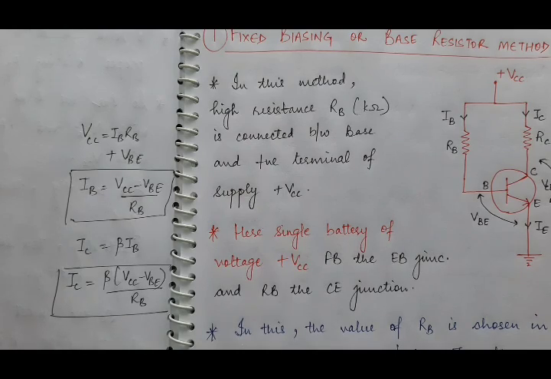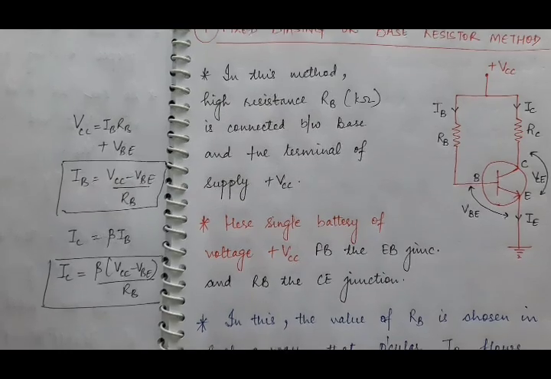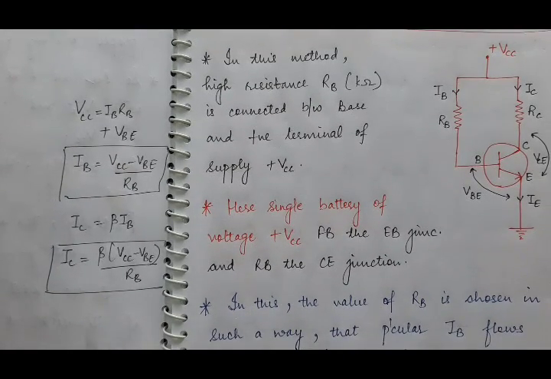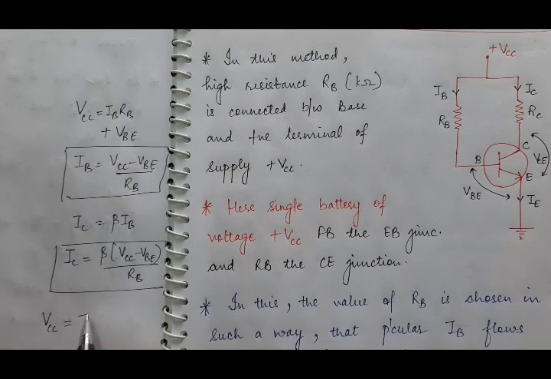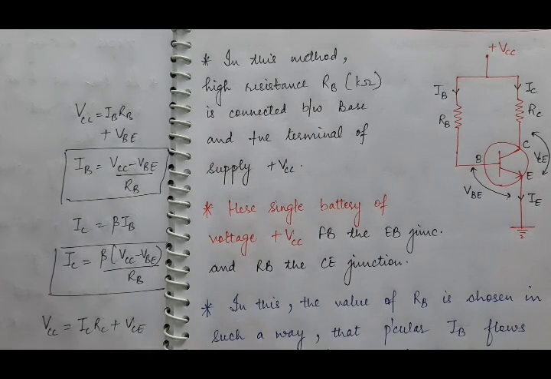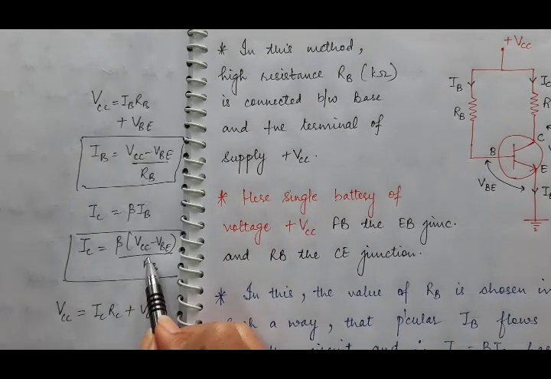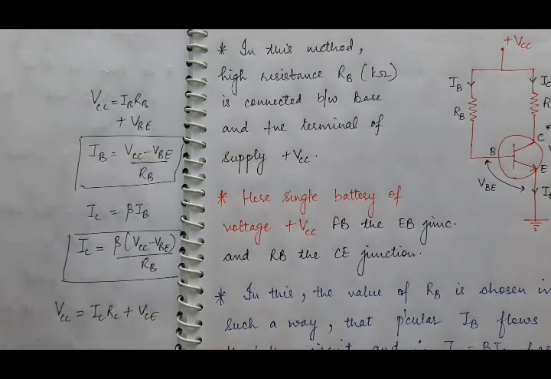Then apply KVL to the output circuit to find the value of VCE. So this is one coordinate of the operating point, or Q point. KVL to the output circuit gives VCC equal to IC RC plus VCE. Put the value of IC in this equation.